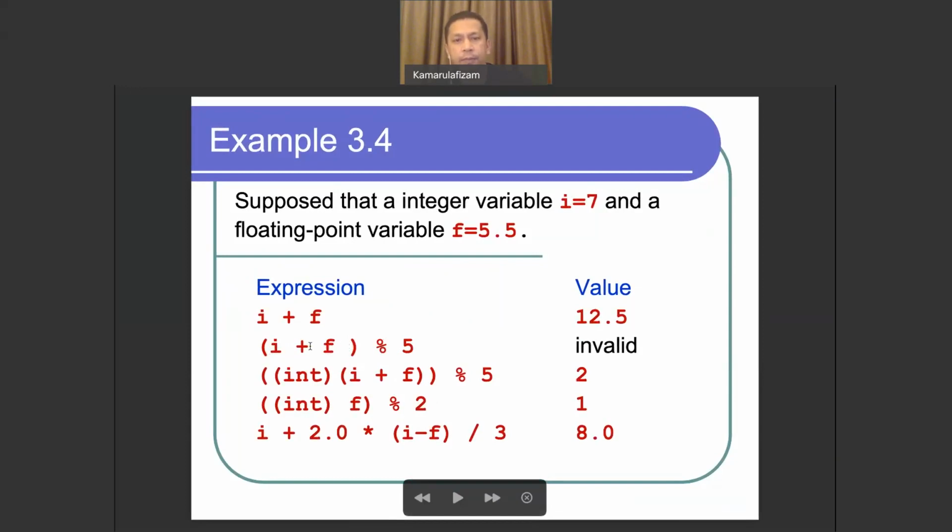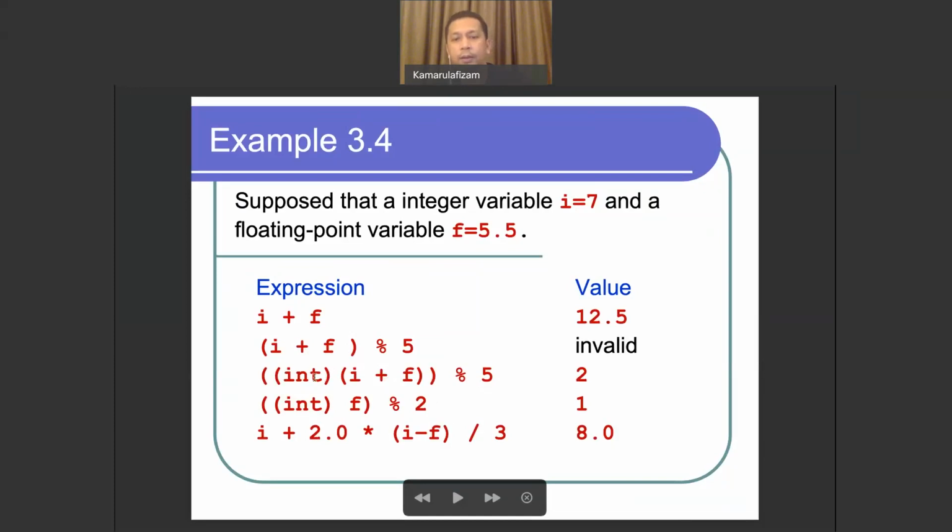If you look at the next example, the same I plus f, you have this sign with 5. This will work because you can convert I plus f, integer plus floating point, into integer by using this expression in the bracket.